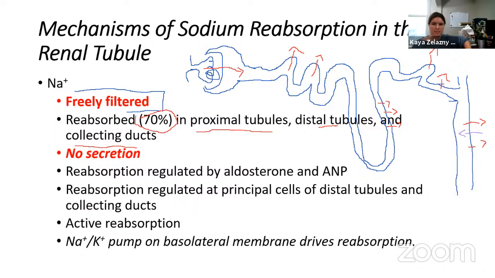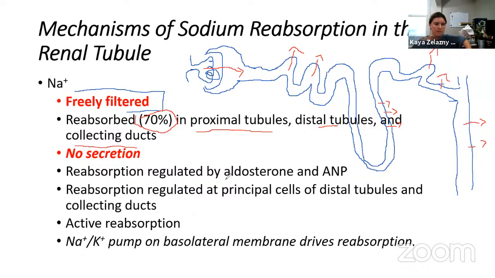So late in the game, moving into the tubule, often in the collecting duct, maybe in the distal tubule, all right? That's not happening with sodium, but we will see that it does happen with potassium, which is why this is specified here.